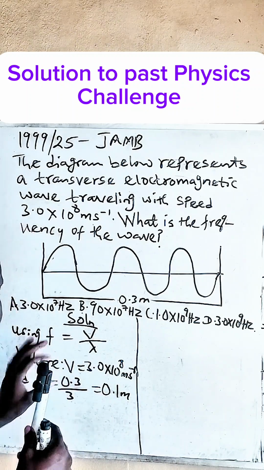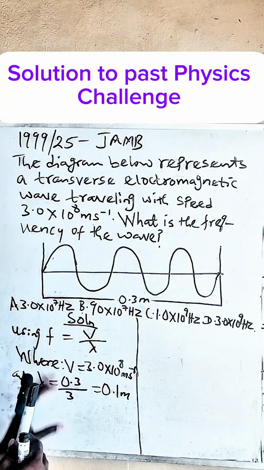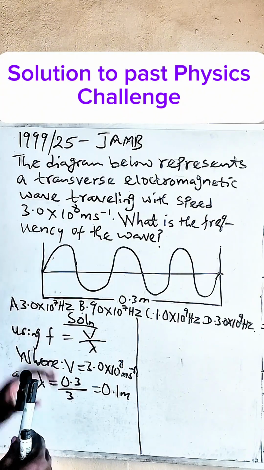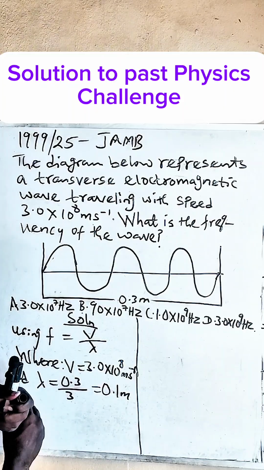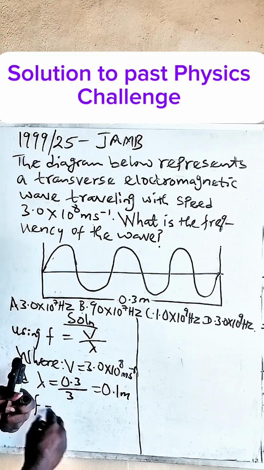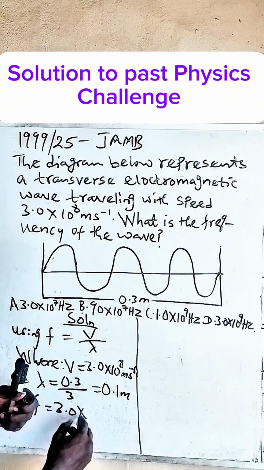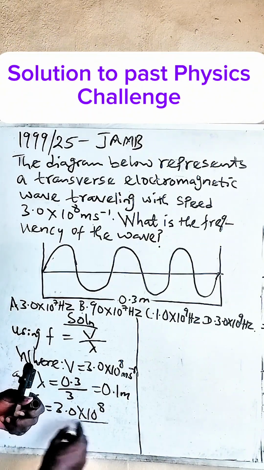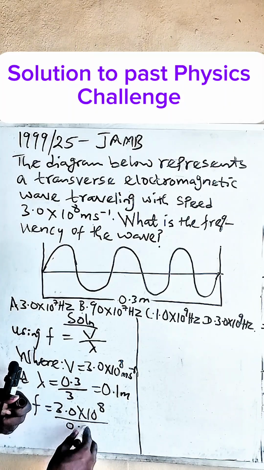Having gotten the wavelength and the speed of the wave, then we can substitute these values into the formula or the equation. If that is done, our frequency will be equal, instead of the speed, we have 3.0 times 10 raised to power 8. Then instead of the wavelength, we have 0.1.